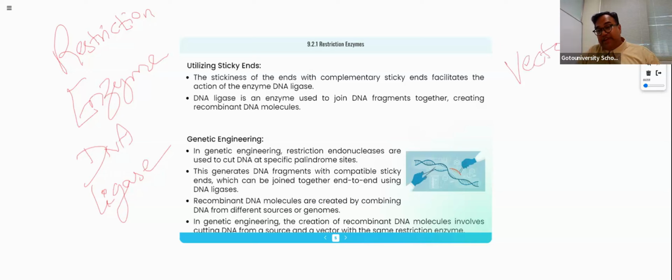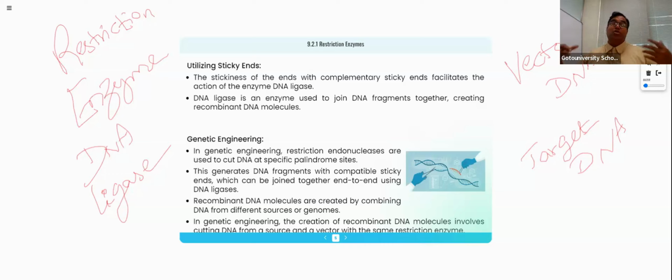This vector DNA introduces my gene of interest into the target DNA. Let us consider I'm introducing my target gene, named A, into the vector DNA or microorganism DNA.